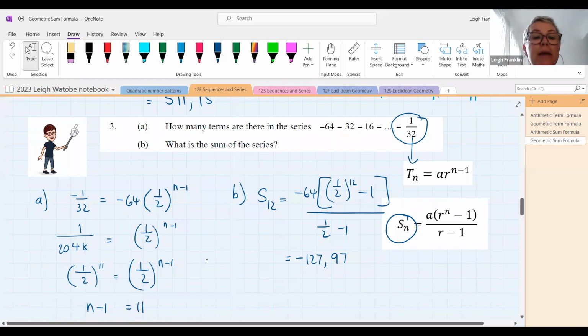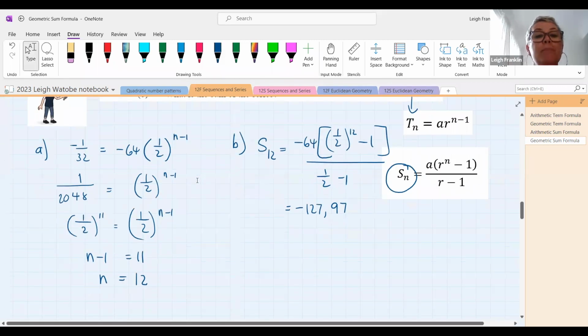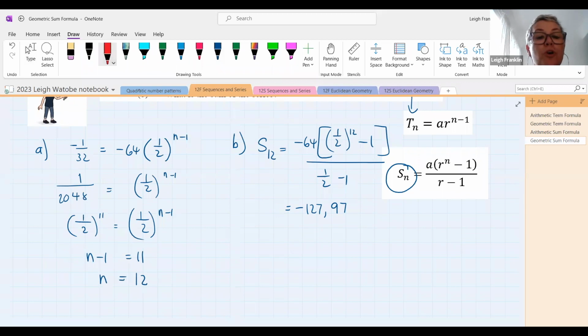Okay, so in matric, it's very important to show that you have subbed in. You get an accuracy mark on this line where the bases are the same, and you get a mark for your answer. Again, a mark for subbing in and a mark for the answer, like so.